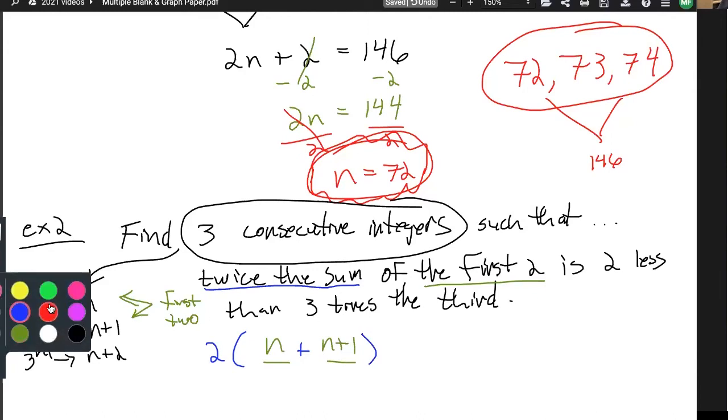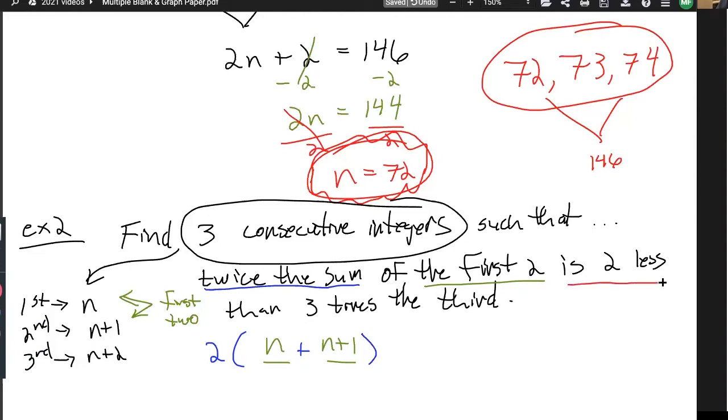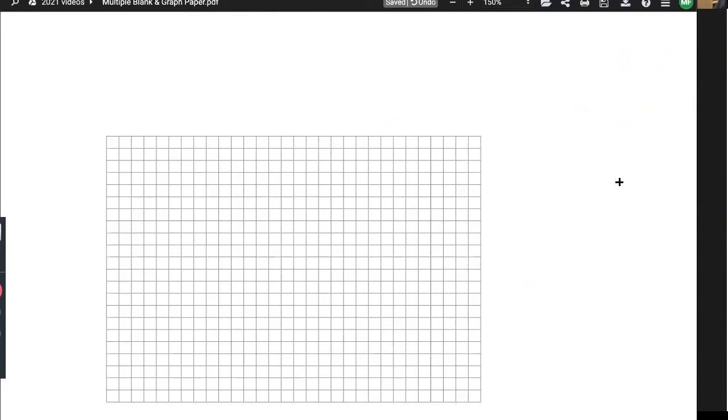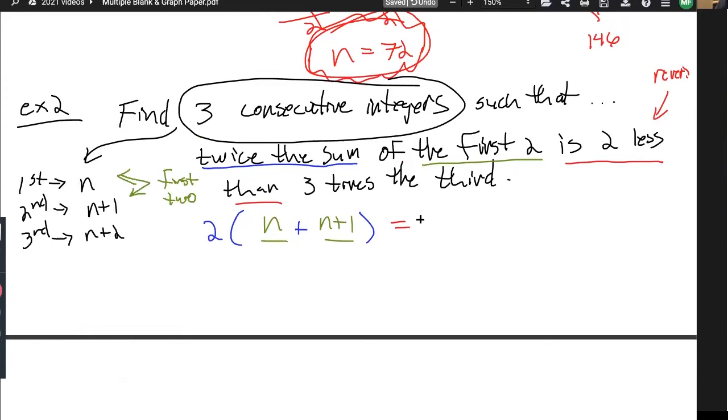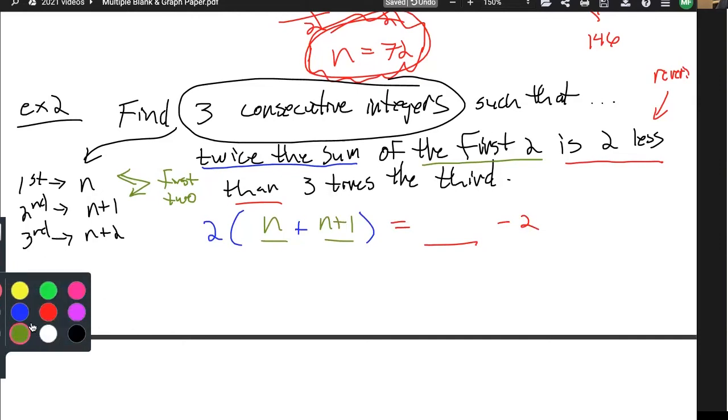Okay, and then how do we say is 2 less than? Well, that's is, but 2 less than, remember, is not 2 minus. This is a reverse phrase. So I'm going to reverse that. This is something minus 2. Well, what is that something? Well, this guy right here: 3 times the third.